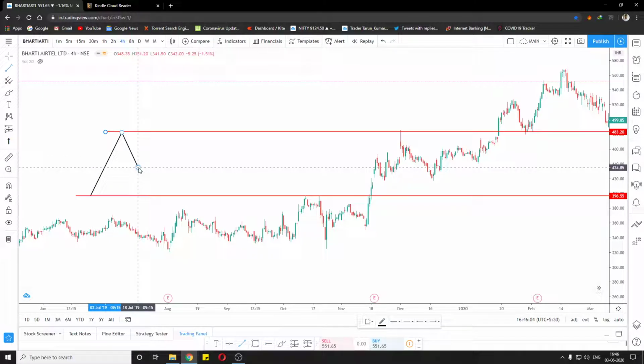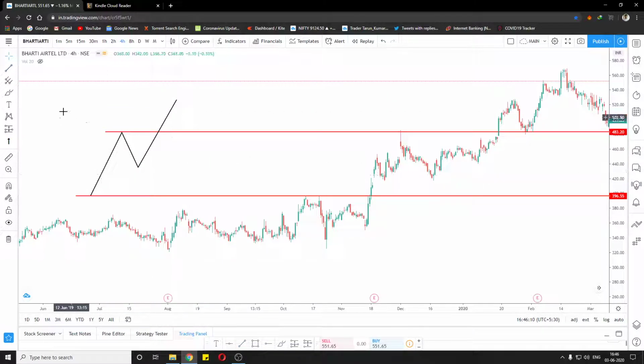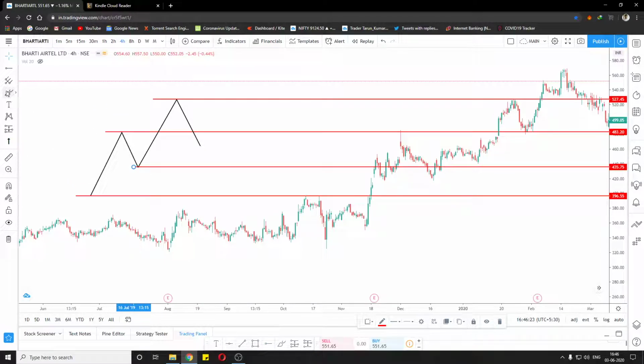Then the next move in an uptrend will cross the top side resistance and make a new high, and then we have this higher level.